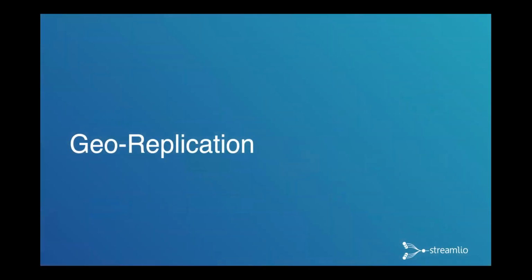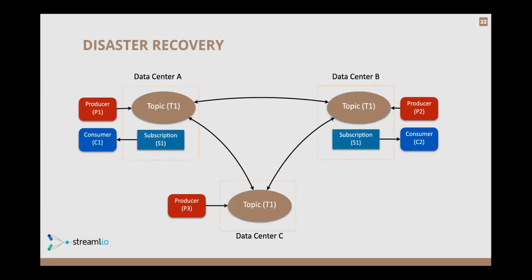Let's talk a little bit about geo-replication, durability, and high availability of the system as well. In a disaster recovery scenario, you can have multiple Pulsar topics set up in different data centers. Rather than have a separate process like MirrorMaker that has to do this processing behind the scenes, within Pulsar you can set up subscriptions within the namespaces I talked about earlier to be geo-replicated automatically.